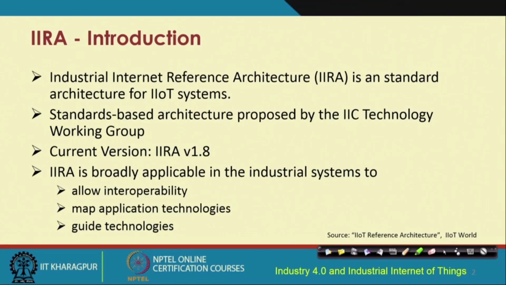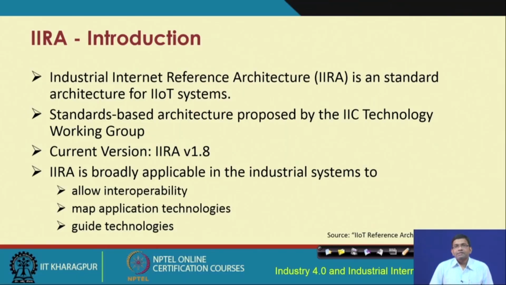So, the IIoT reference architecture is governed by the Industrial Internet Reference Architecture. This is a standard architecture that IIoT systems globally tend to use and follow. IIRA, Industrial Internet Reference Architecture, is the architectural standard that is used for most of these IIoT applications in industries. It is a standards-based architecture proposed by the Industrial Internet Consortium, IIC.